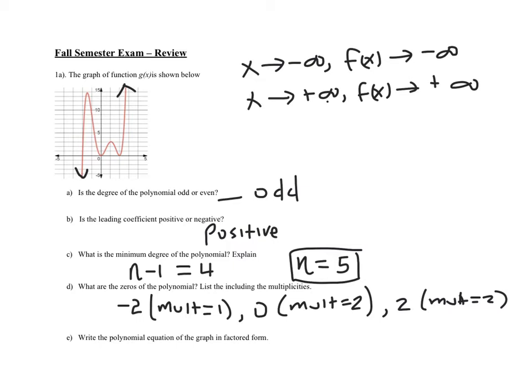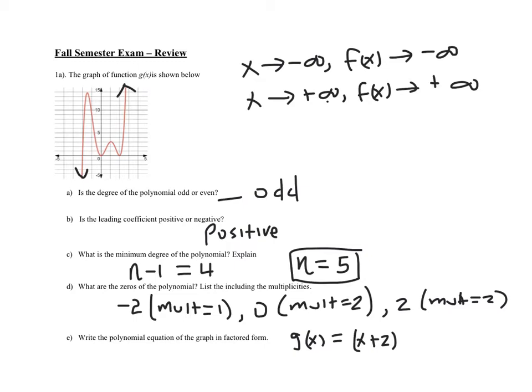So now I can write my equation in factored form. g of x is equal to x minus negative 2, so that's going to be x plus 2. The next one is at 0.